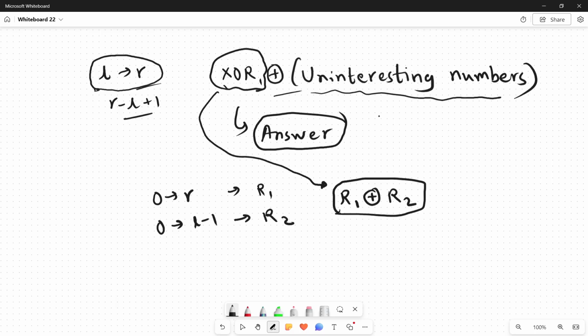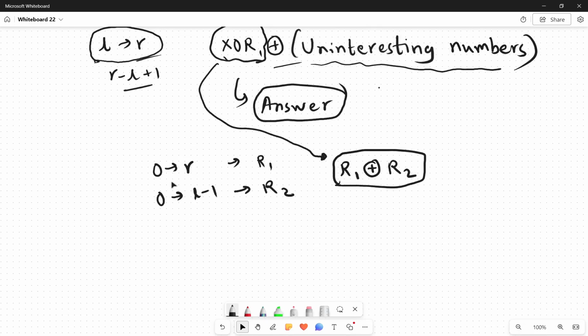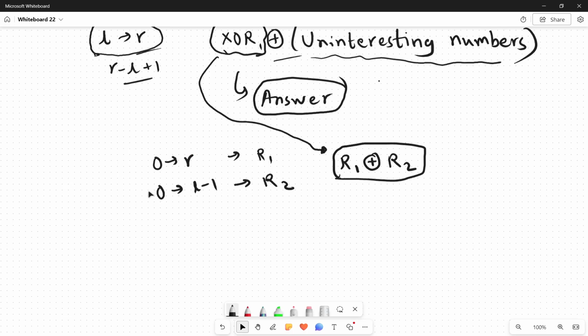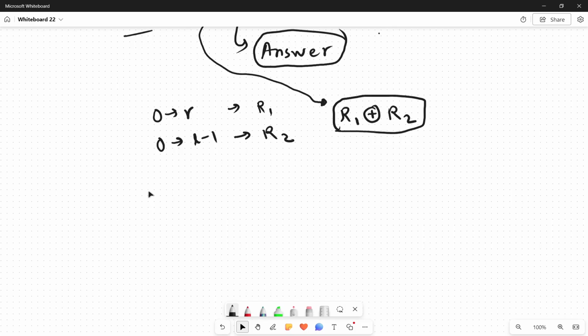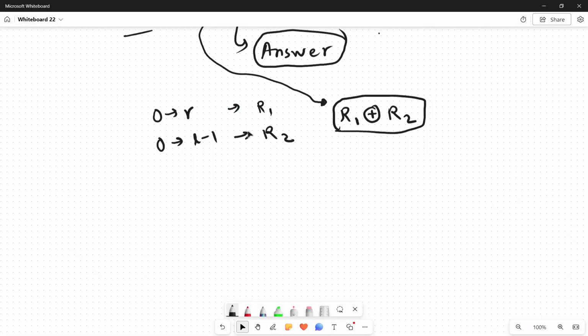Because XOR is a self-inverse operation, we have just seen that. So what can I do to calculate the XOR of all the elements from 0 to R in a quick manner? There must exist some formula or efficient method because our constraints are too large, right? 10 to the power of 18.